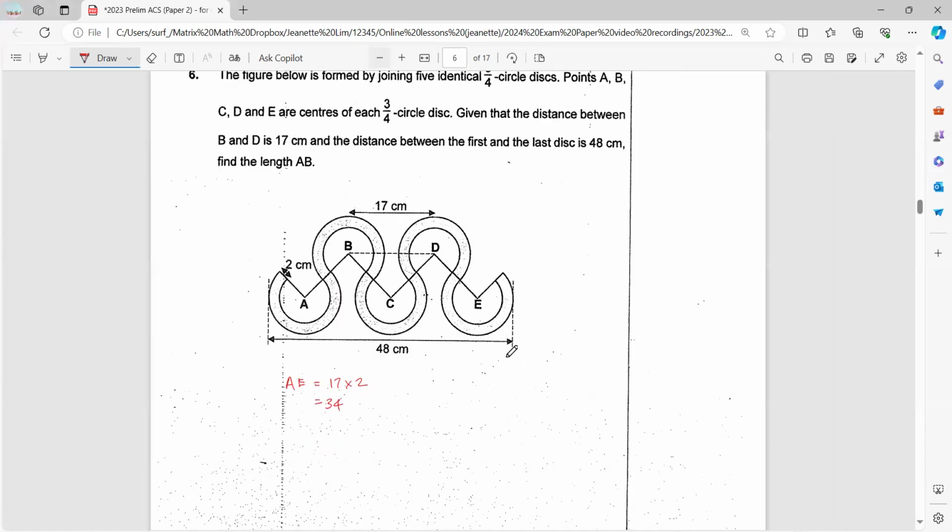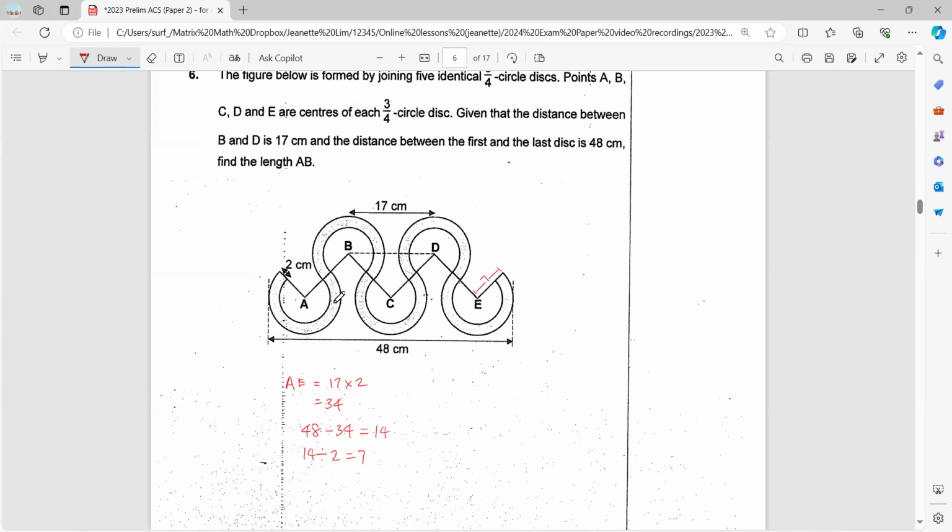Okay, now I will take 48 minus away 34, and I end up with 2 radiuses, which is also the diameter. So 48 minus 34, which is 14. Then I'll take 14, divide by 2, which is 7. Okay, so here this is 7.